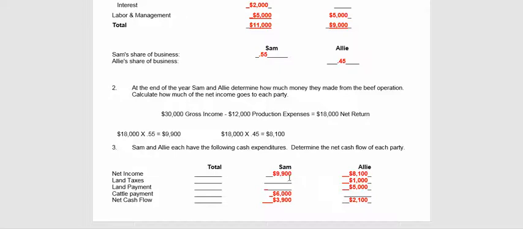So 9,900 income for Sam minus the $6,000 of cattle payment gives him a net cash flow of $3,900. Allie has $8,100 of income minus the land tax minus her land payment gives her a $2,100 net cash flow.